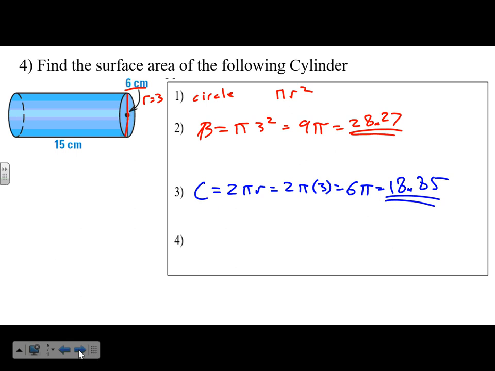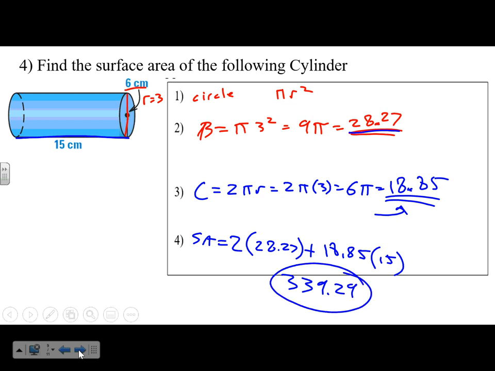And now the surface area is 2 times the base area, 28.27, plus the circumference times the height, and the height here is 15. From here, honestly, you can just put that in your calculator: 2 times 28.27 plus 18.85 times 15. That gives you 339.2.